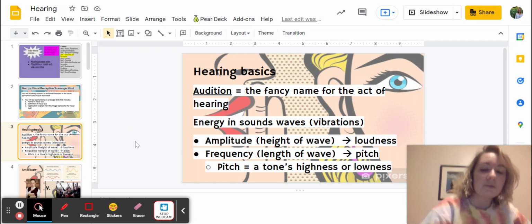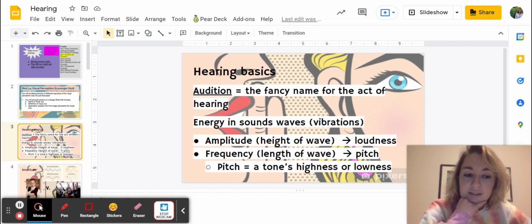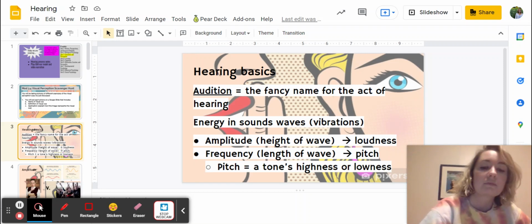So we talked about the difference in wavelength and how that corresponds to difference in brightness and color or hue in visual stimuli. We're going to see that this also plays a role when it comes to processing auditory information.